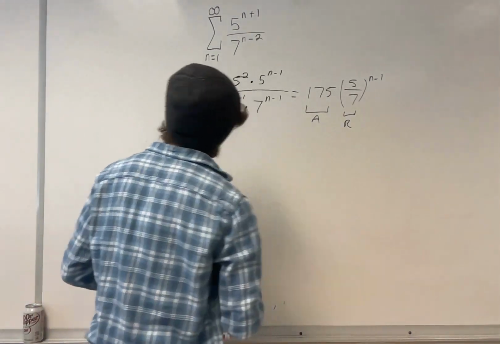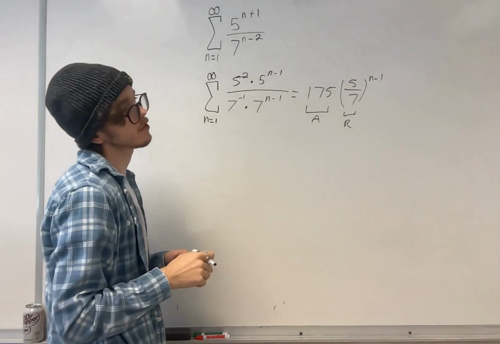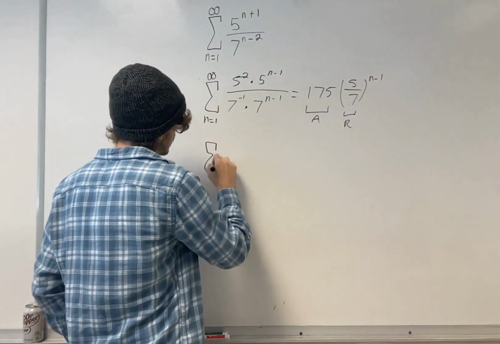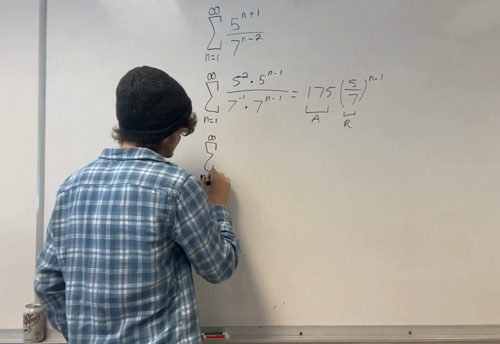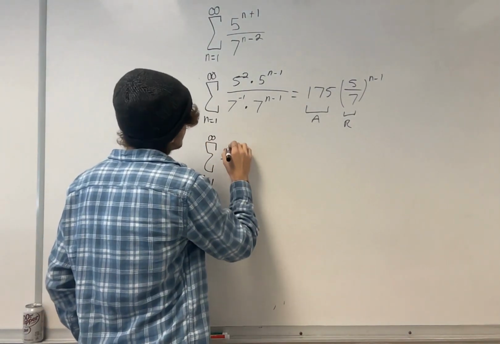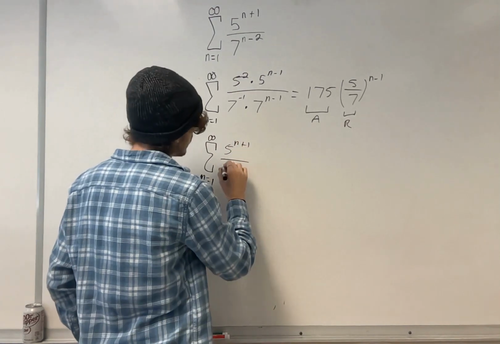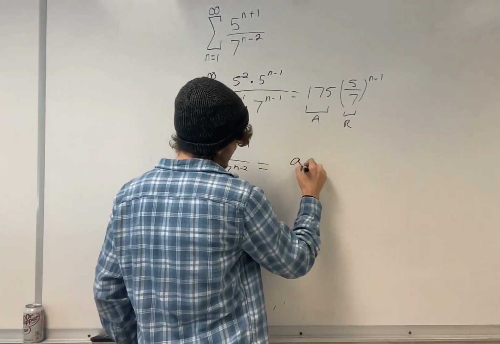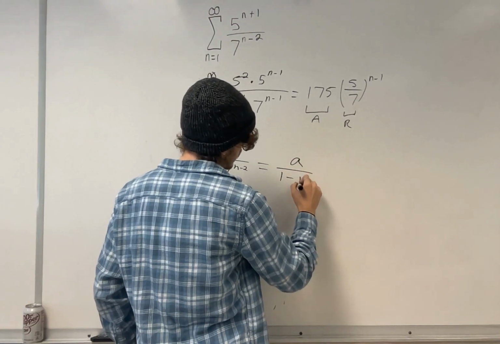So remember what I said about the sum of the geometric series? That's equal to the sum of all numbers in this series. And I'm going to rewrite this as a over 1 minus r.